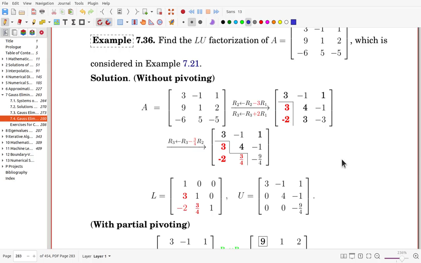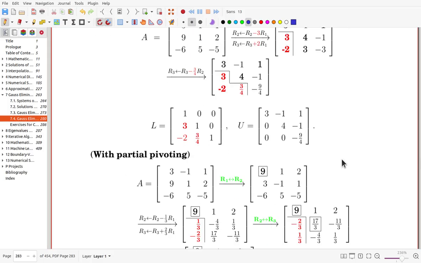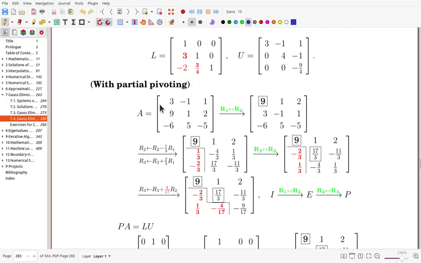Now, if we apply partial pivoting, then for this pivot, by searching the column, the row having the largest value in modulus will be moved to the top. Here we have an interchange. The first row and second row are interchanged to get that one.